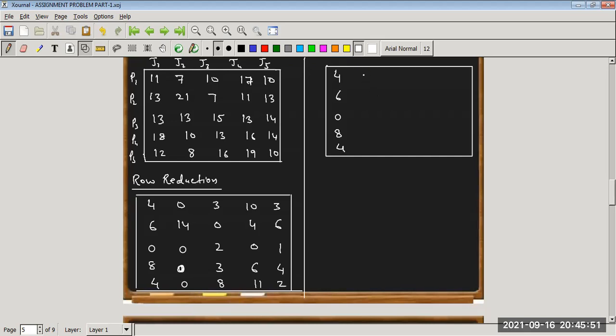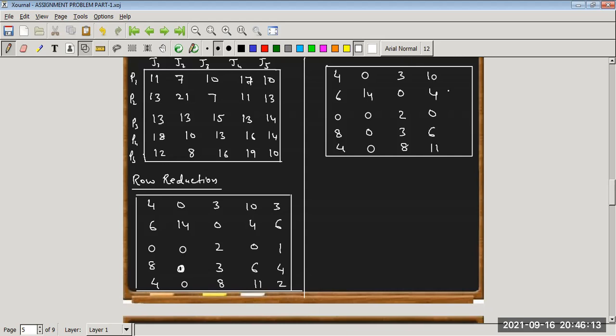In the second column, again 0 is the minimum, so 0 14 0 0 0. In the third column, 0 is the minimum, so it remains the same: 3 0 2 3 8. In the fourth column, again 0 is the minimum, so 10 minus 0 is 10, 4, 0, 6, 11.